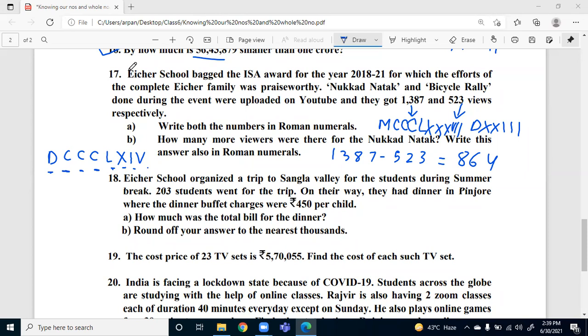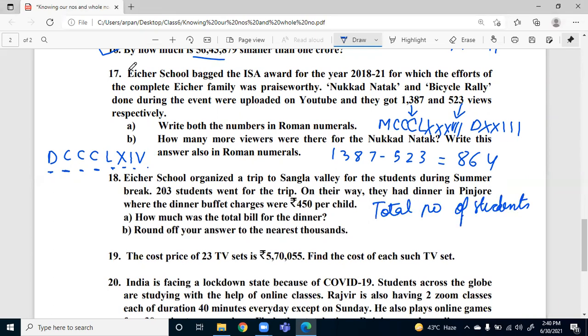First, we have to write: total number of students who went to Sangla Valley is equal to 203 students. Correct.